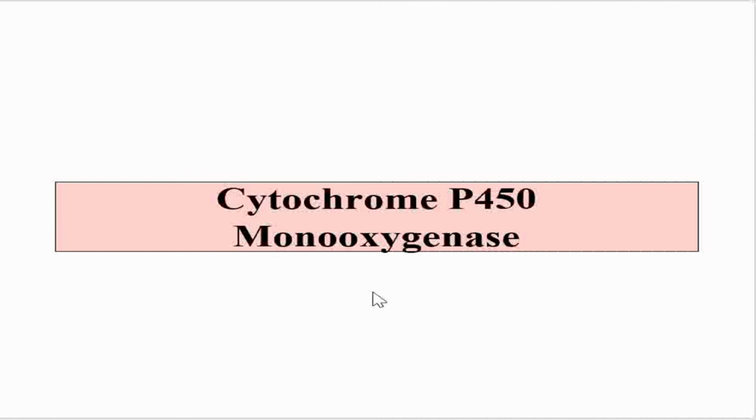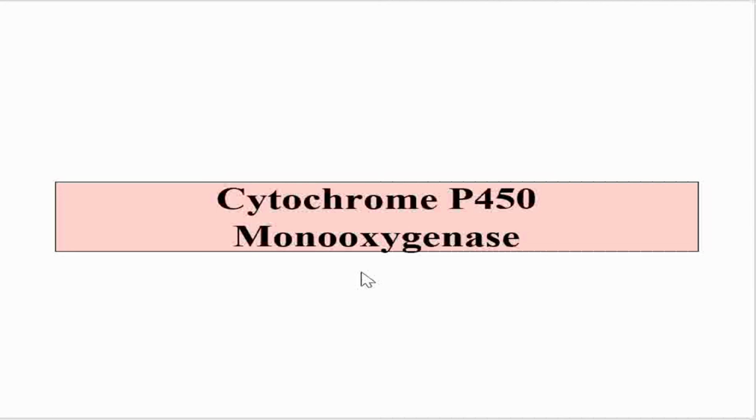Then we have discussed its structure, a very easy structure, and the structure resembles oxymyoglobin, myoglobin. The difference is that in case of cytochrome P450, the iron is in its +3 state, and fifth coordination takes place through cysteine.